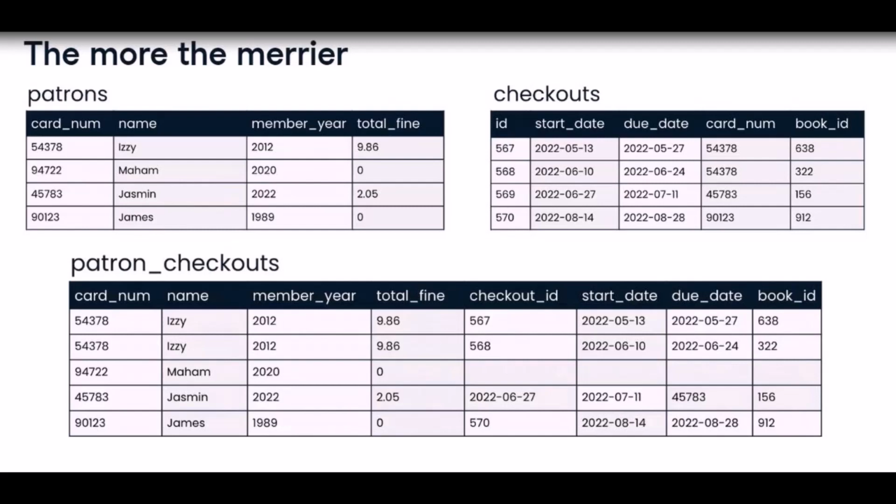Now here's what our patrons and checkout tables would look like if we tried to combine them. Look at this. It's the same data but much less clear because it now contains duplicate information. While we can see that Easy has 2 checkouts and Maham has none, the card number column is no longer unique because of Easy's multiple checkouts.